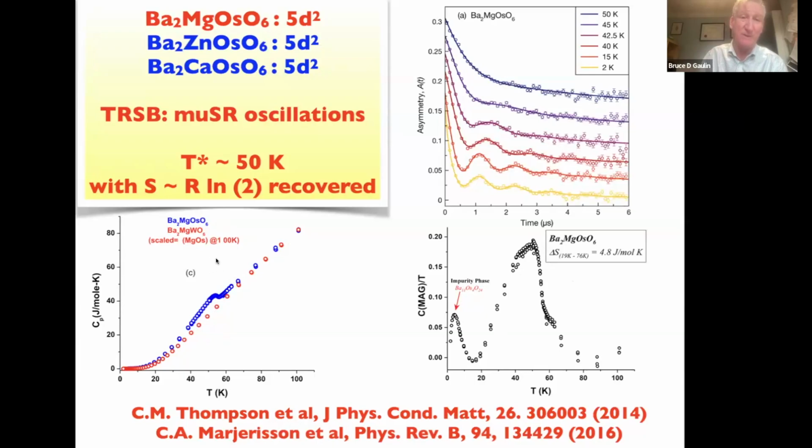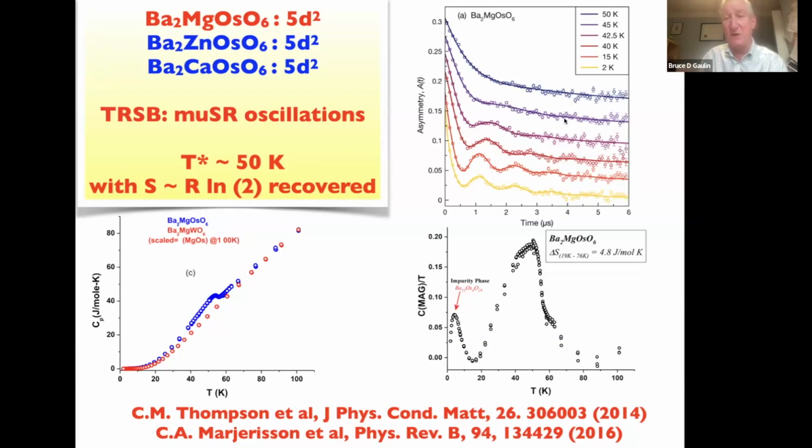this transition temperature, which I'm going to call T star, but we initially called Tn. And we initially called it Tn because we thought it was another Neel transition. And the reason we thought it was another Neel transition is that the MgOsO measurements that were carried out definitely saw the presence of time reversal symmetry breaking or internal fields in the system that developed below 50 Kelvin.